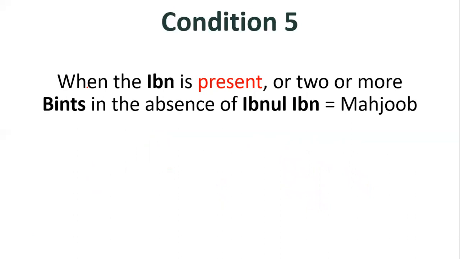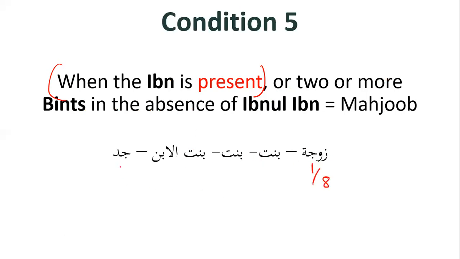Condition number 5 had 2 parts to it, so I'm going to give some examples for the second part as well. When the Ibn is present, now we've done that in the previous examples, or 2 or more bints in the absence of Ibnul Ibn, then the Bintul Ibn is mahjub. So over here, Zawja will get 1/8, we know that.